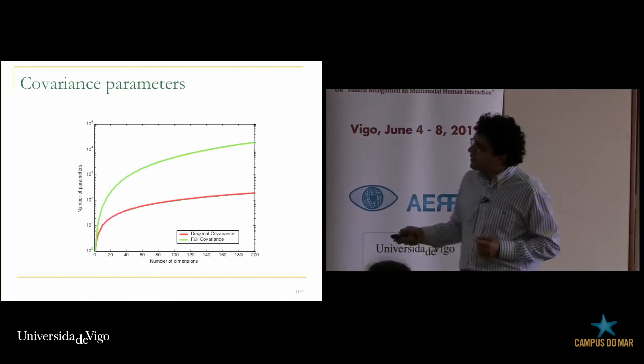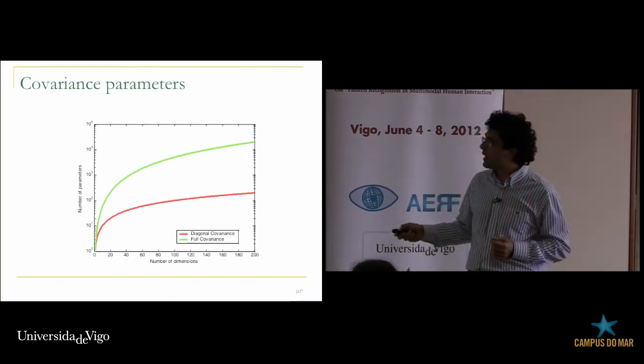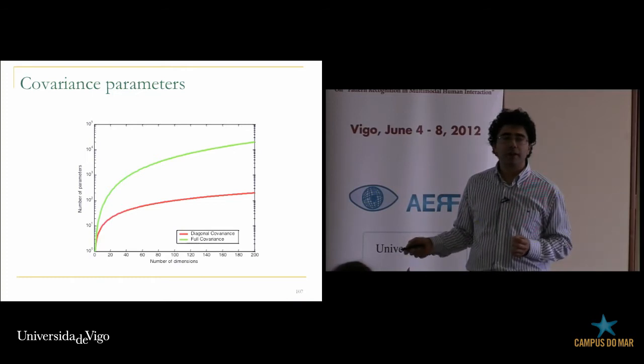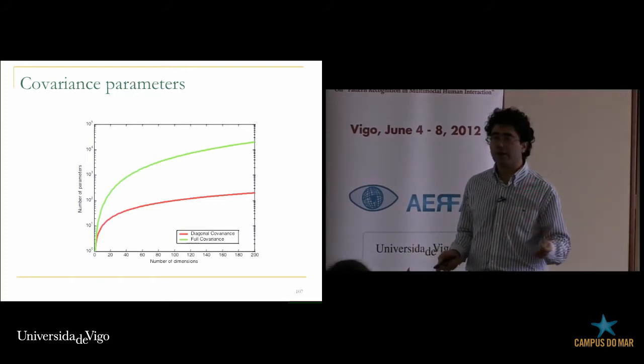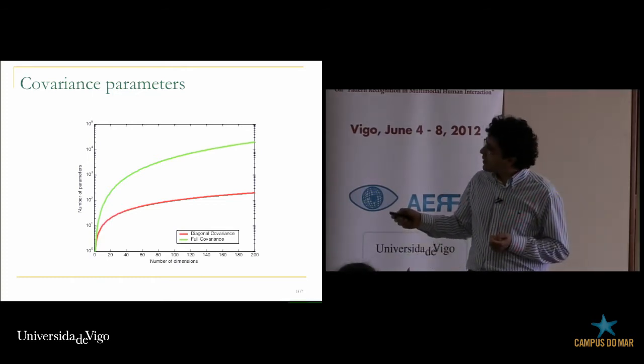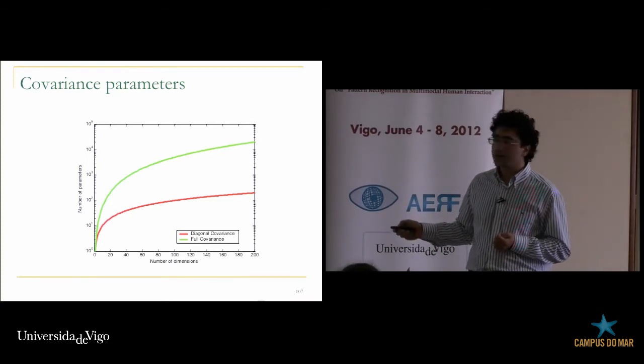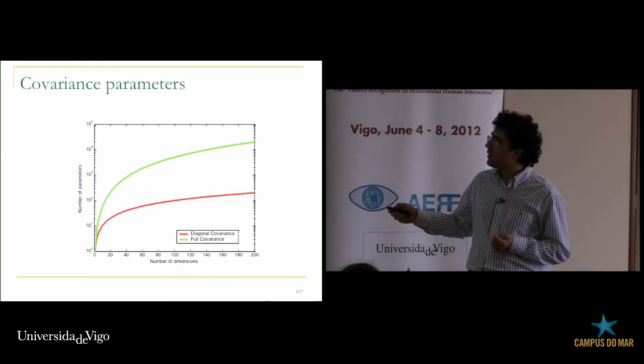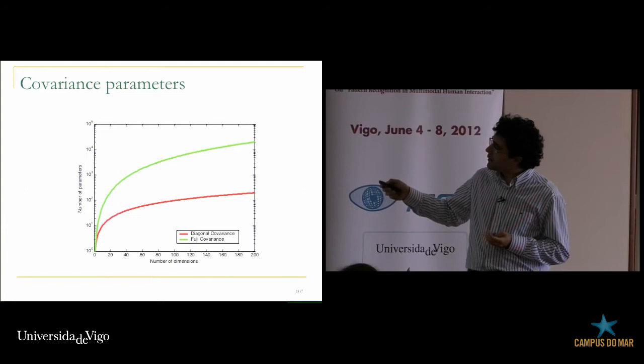If you look at this log plot, the number of dimensions determines the number of parameters that you need to spend for the covariance. If you have 200 dimensions, a diagonal covariance will have around 200 parameters, basically. But the full covariance scales quadratically.